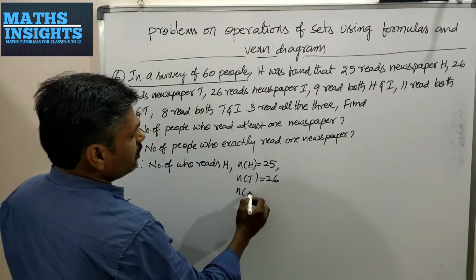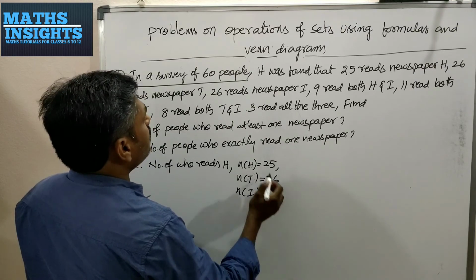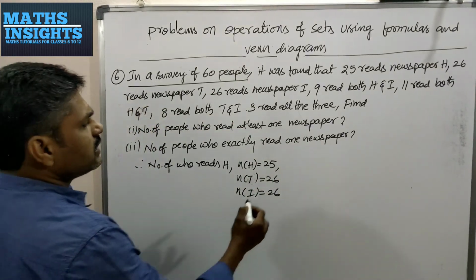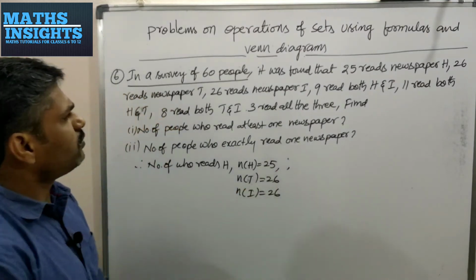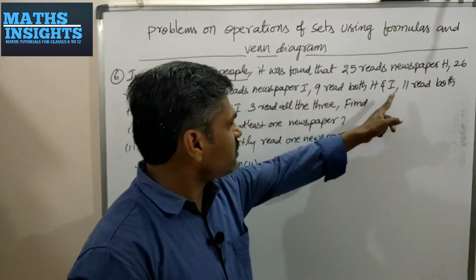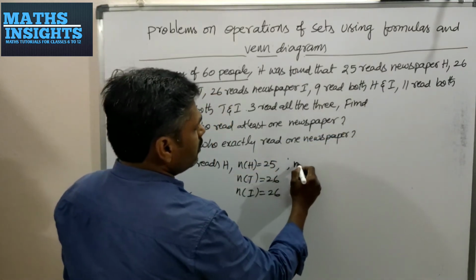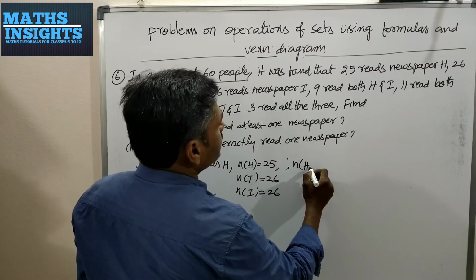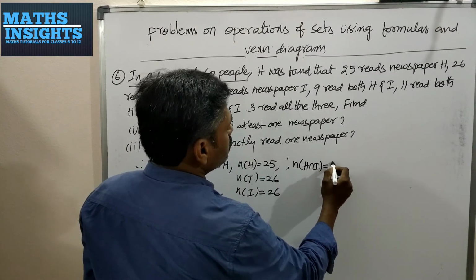Similarly, number of I is equal to also 26. Okay, I am writing the number of persons who are reading both H and I. Therefore, both means you have to write intersection. n(H ∩ I) is equal to 9.